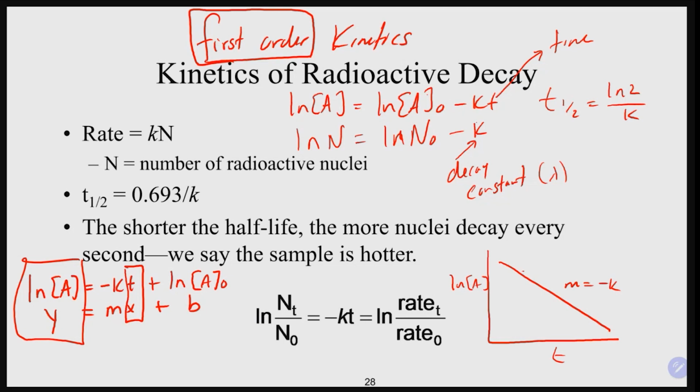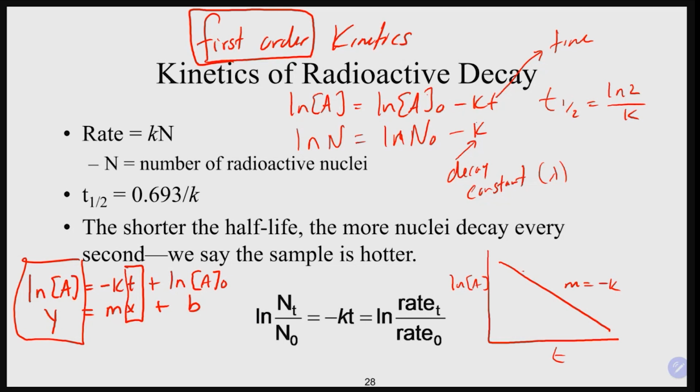Also a little bit different than traditional kinetics. In traditional kinetics, when we put our values into this equation, which is sometimes referred to as the integrated rate law, we often use molarity and concentration, which you can still use. But in nuclear chemistry, we use a lot of different units. It really doesn't matter what units you put in here, as long as they're the same unit. So you can do grams and grams on both sides, or milligrams and milligrams.